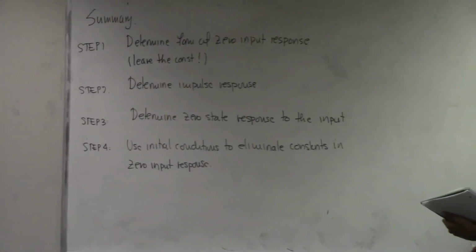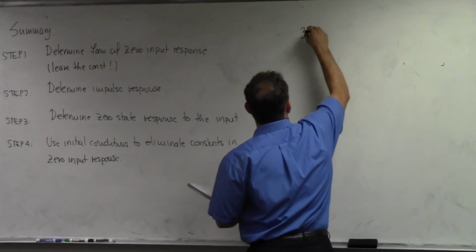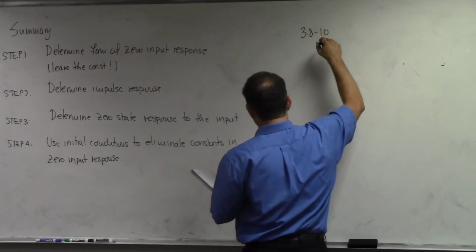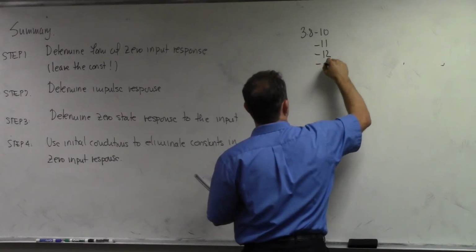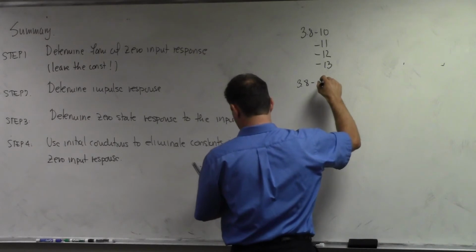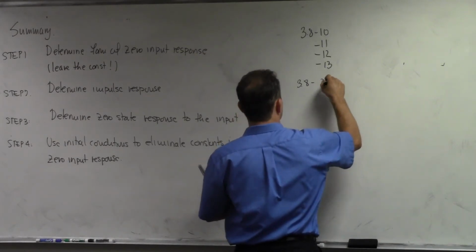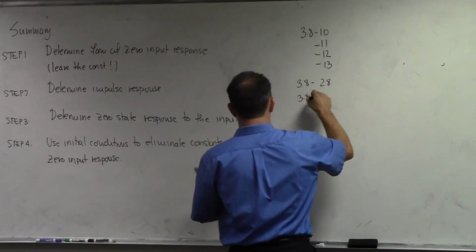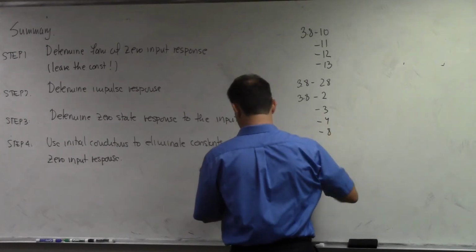There's just a couple of problems, right? So 3.8, 10, 11, 12, 13, 3.8.20, 28, and then 3.8.2, 3, 4, and 8.